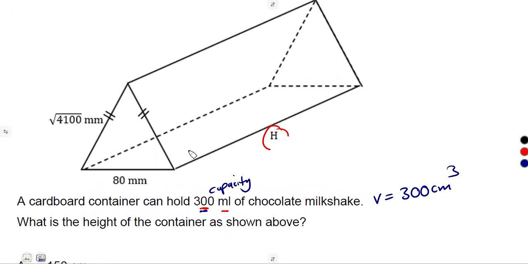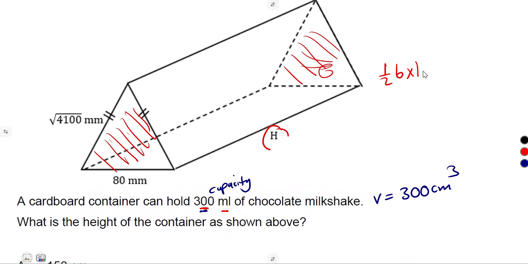If I'm given a shape like this, the volume is always the base area, what you see on the base, times the height. So this is the same triangle. So what we see on the base is a triangle. So its area is supposed to be half base times perpendicular height.